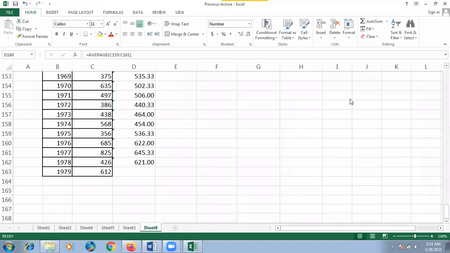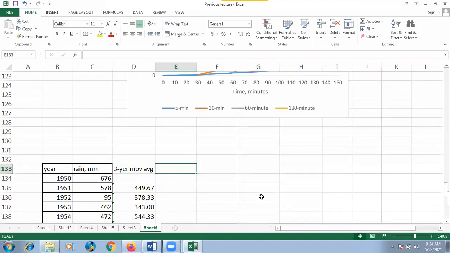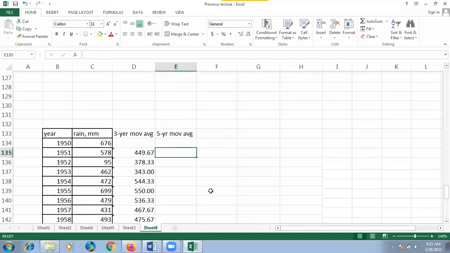And then again, we will do it for 5-year average. I will show it here. 5-year moving average. Here, what we are doing is, we are taking 5 years at a time.